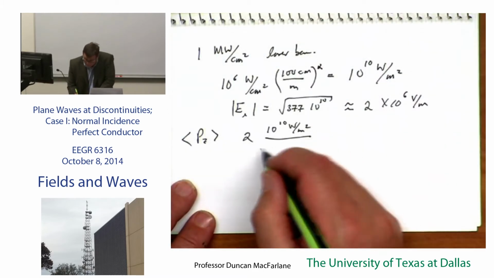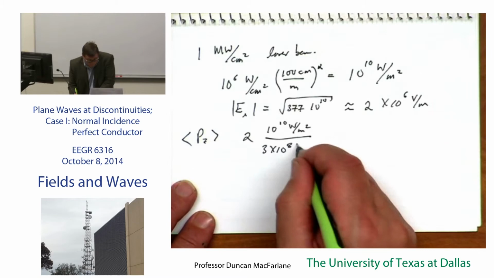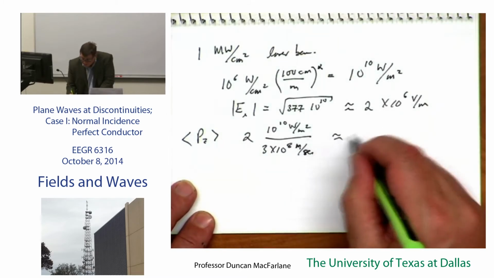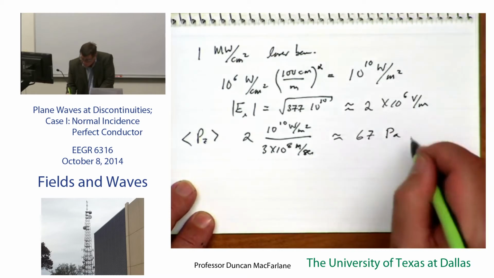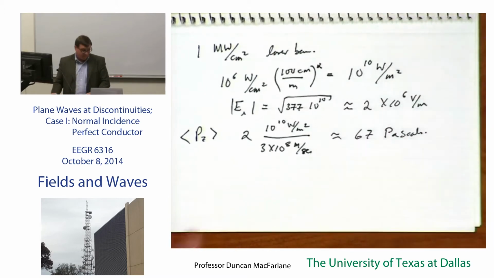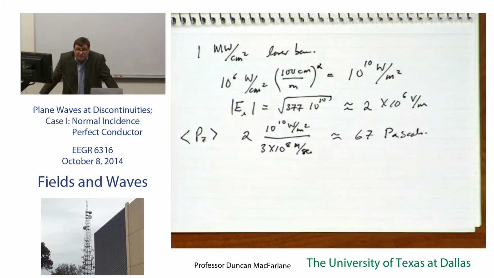So if I do this with 3 times 10 to the 8th meters per second, I get something like 67 pascals. 67 of something sounds pretty good, right? So how do I compare? What do we know about pascals?